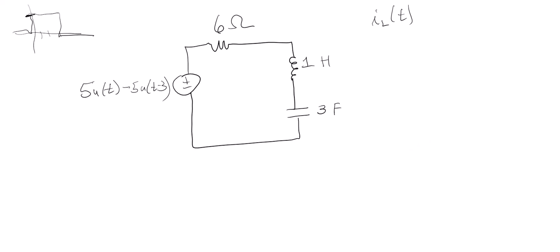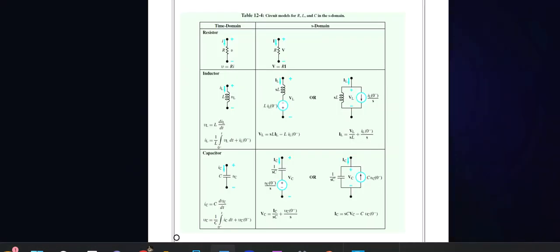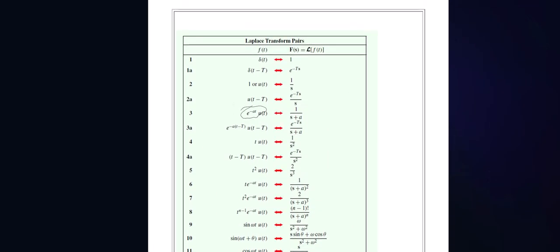The Laplace transform of the unit step function is 1 over S. And the Laplace transform of the translated unit step function, u of t minus T, is e to the minus Ts over s. So you would need to know those.